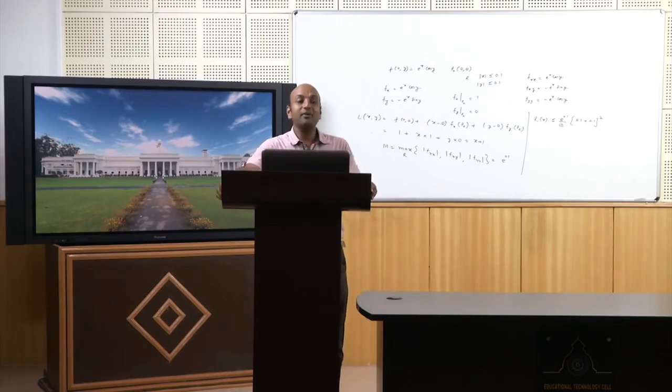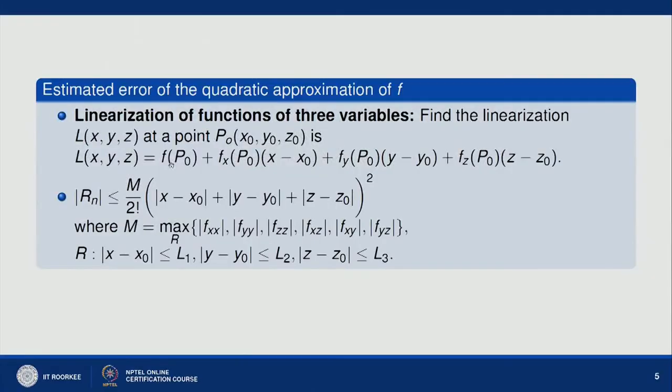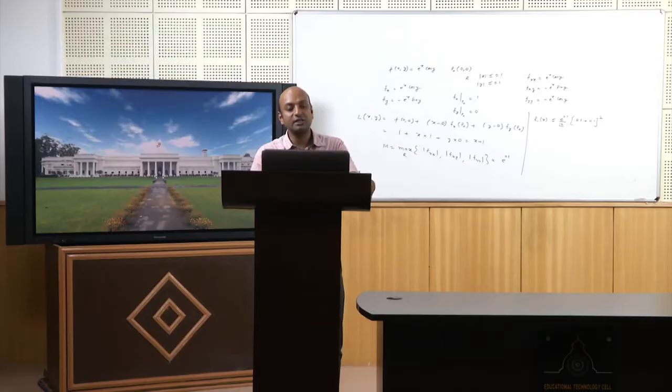Now, similarly, we can do linearization of 3 variable functions. For 3 variable functions, we will be having f(P₀) plus f_x(P₀)(x − x₀) plus f_y(P₀)(y − y₀) and this term will be there which is f_z(P₀)(z − z₀).